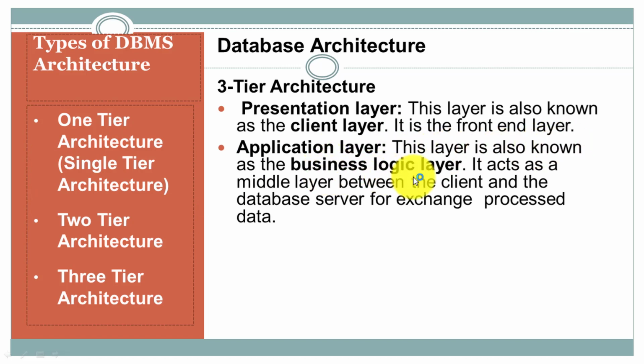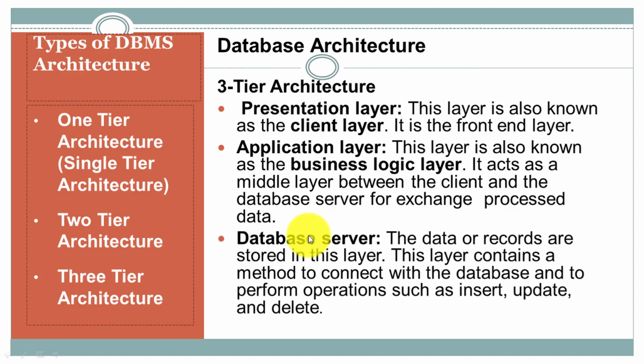It is used for application processing of data. It acts as a middle layer between client and database server for exchanging processed data. The third layer is the database server. The data or records are stored in this layer. This layer contains methods to connect with the database and to perform operations such as insert, update and delete.